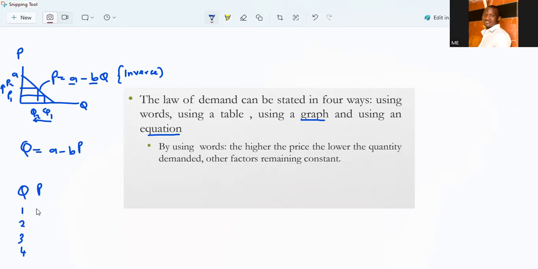So here we have 10, 8, 7, 6, 4. They'll ask you to illustrate this.